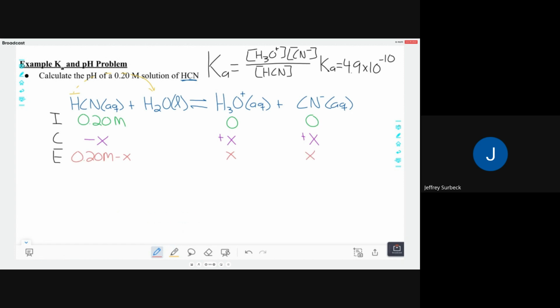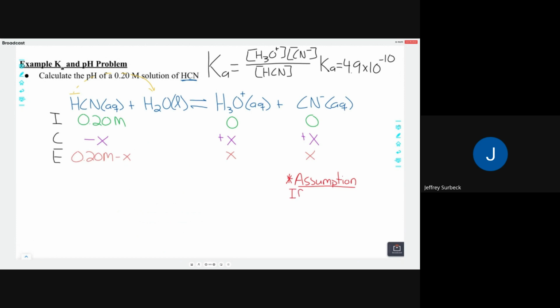All right? Now, if you can kind of see where this is going, quadratic. Yeah, I like to avoid that at all possible cost. And so what we can do, I'm going to write this in the lower right-hand corner, is we can make an assumption. I'm going to write the assumption here in red. All right, so I'm going to call this right here our assumption. And our assumption is this.